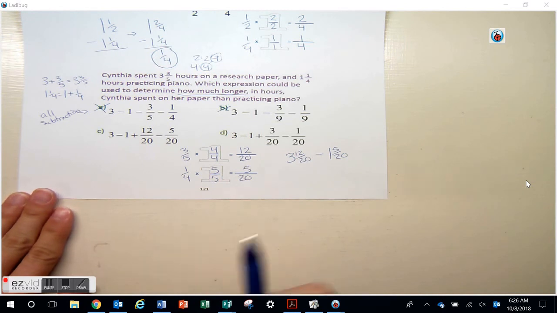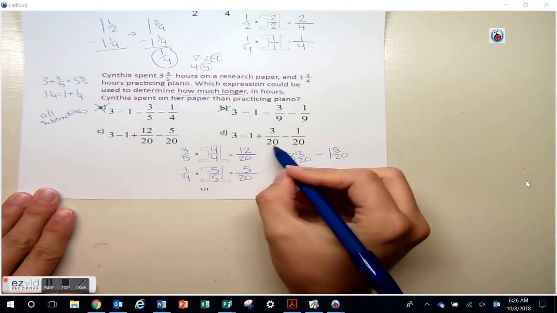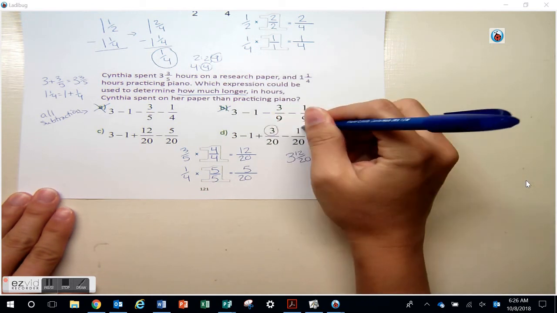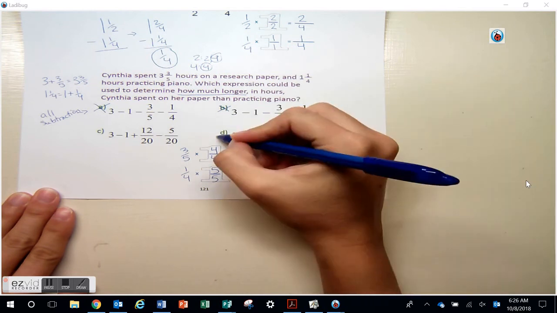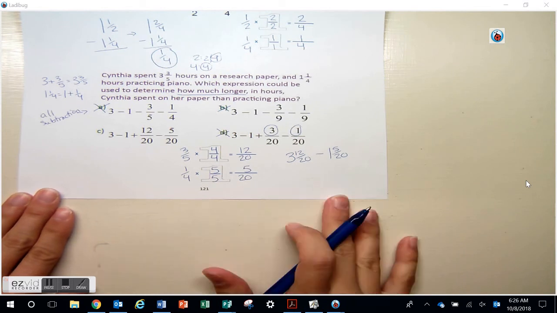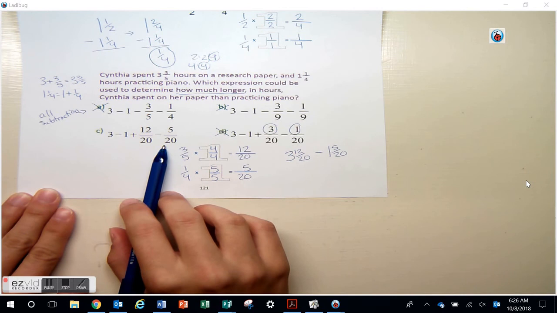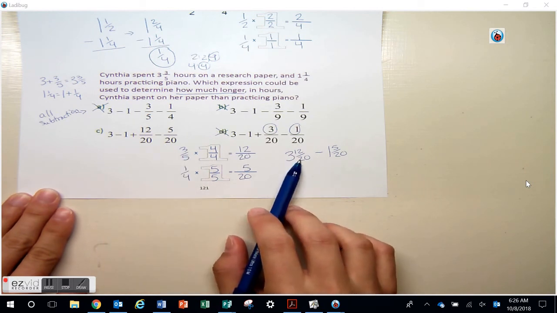Which of these problems matches that? Well, let's see. This one, they didn't change the numerator. So those are not equivalent fractions. D cannot be the correct answer. Here we have this information. Looks like my numbers match.